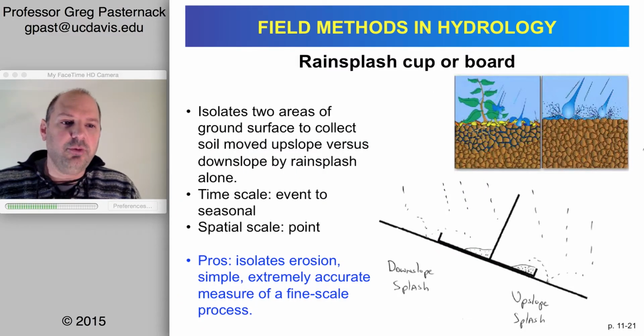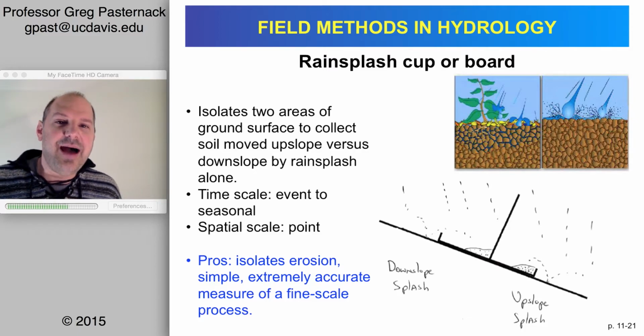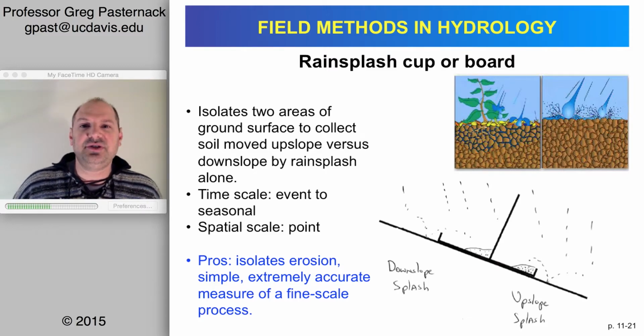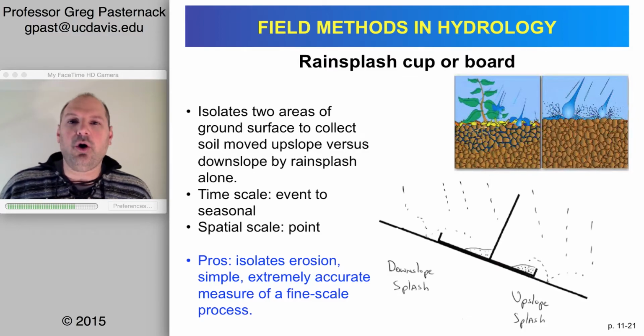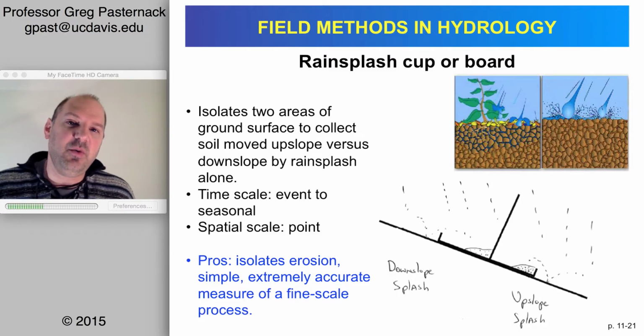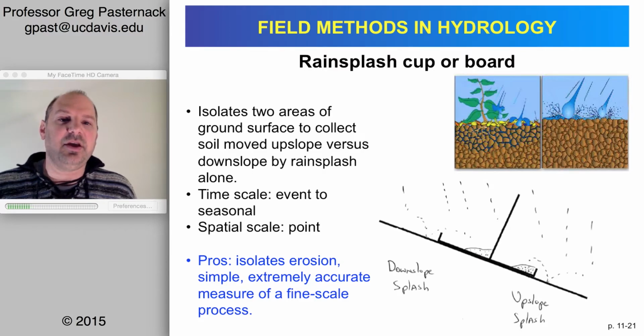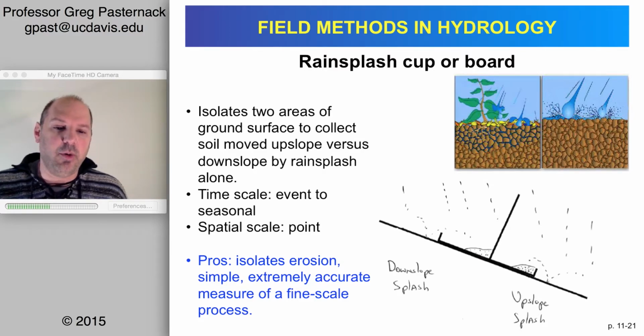On a hill slope, a very common thing that we want to know is the ability of rainsplash to produce sediment or erode it off of a hillside. If we'd like to isolate just the role of rainsplash as a mechanism in contrast to sheet wash or rill erosion or gully erosion, then you do that using something called a rainsplash cup or board.